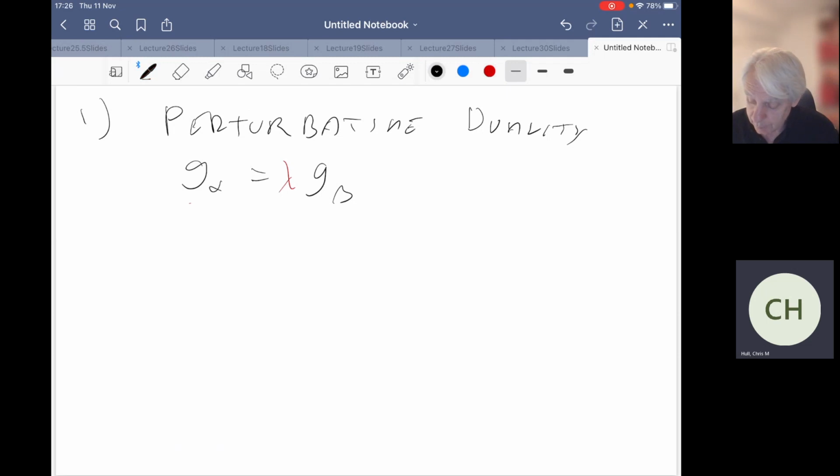But the mu betas are non-trivial functions of the mu alphas. Sorry, I had it the other way.